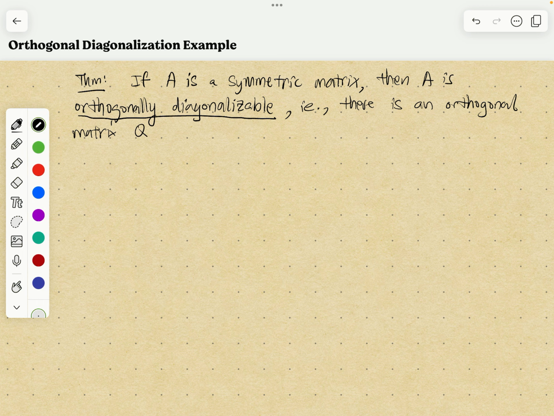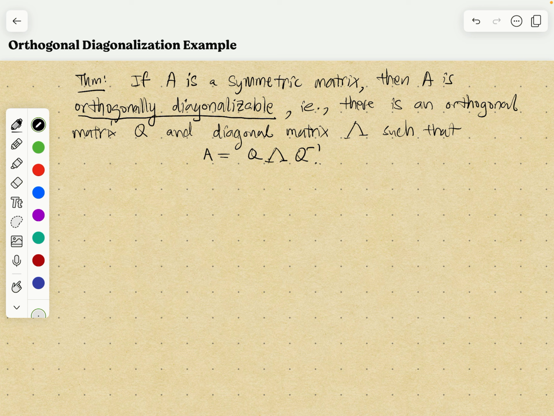Orthogonal matrix Q and a diagonal matrix capital lambda such that A is equal to Q lambda Q inverse. Okay.